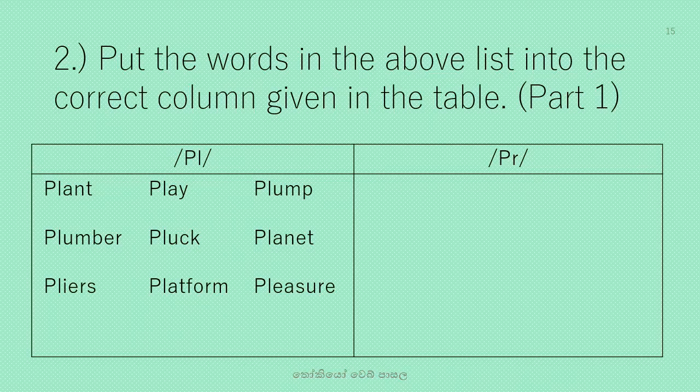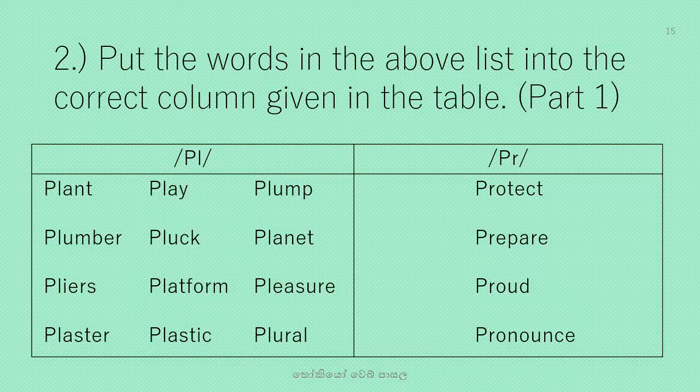Pliers, platform, pleasure. Plaster, plastic, plural. So out of the 16 words in part 1, we have 12 words coming into the first column. And then for the second column, we have the remaining 4.